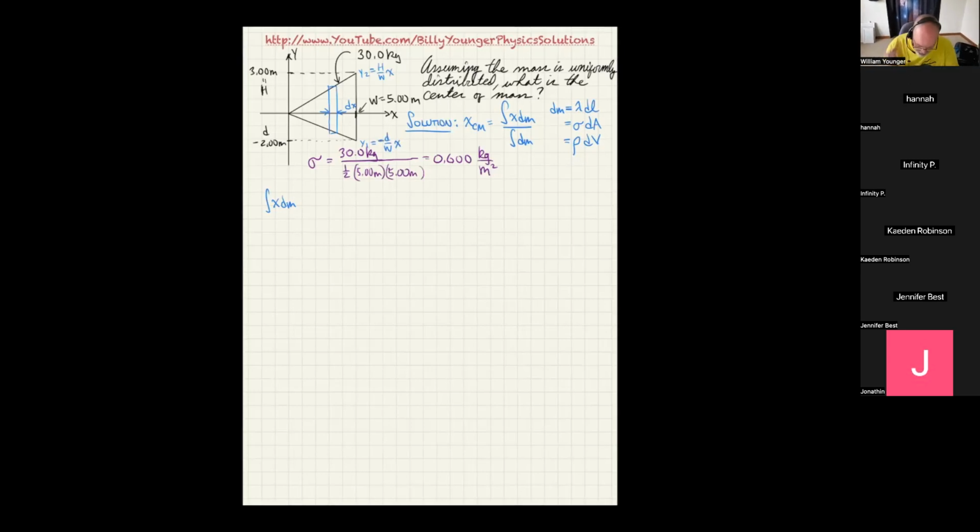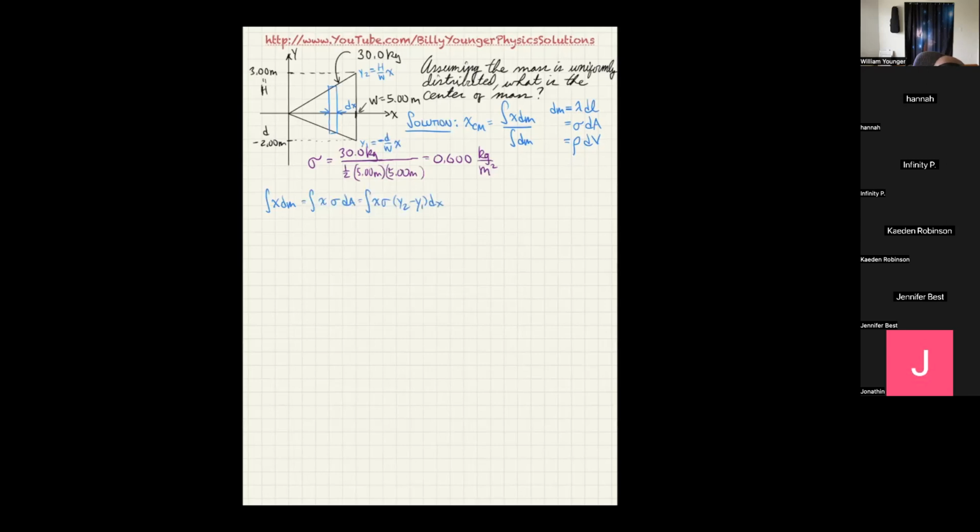All right. So my dm, I can now say, is going to be of the variety sigma times dA, which is going to be the integral of x times sigma. Now, dA is going to be basically y2 minus y1 times dx.